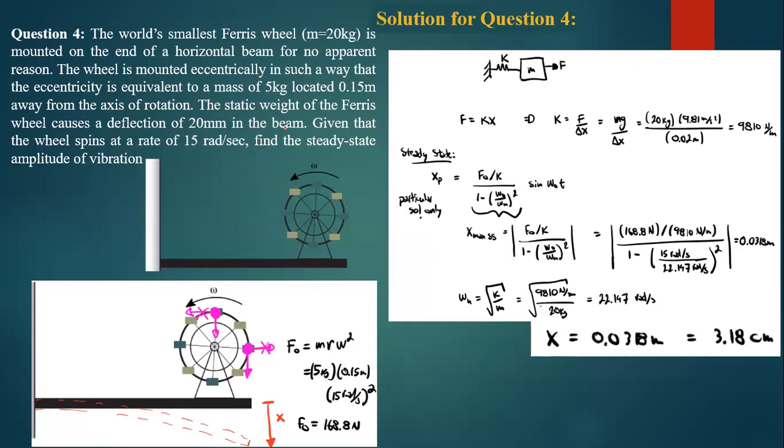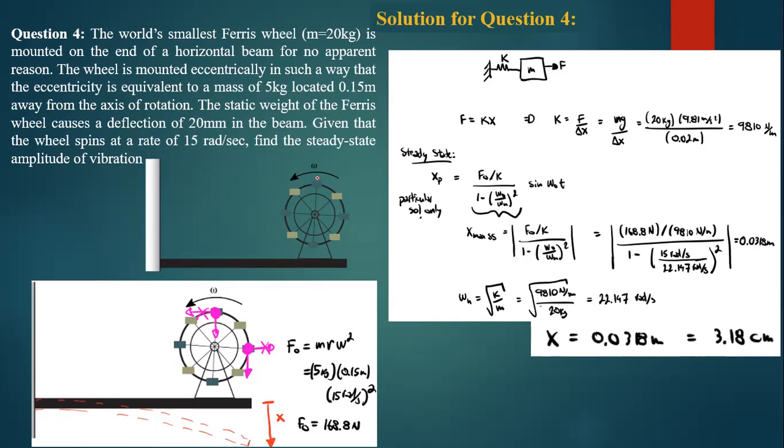And the solution for question number 4 is actually the question we can see here. A small ferris wheel with mass 20 kilogram is mounted on the end of a horizontal beam. This is our horizontal beam. The wheel is mounted eccentrically, equivalent to a mass of 5 kg located 0.15 meter away from the axis of rotation.